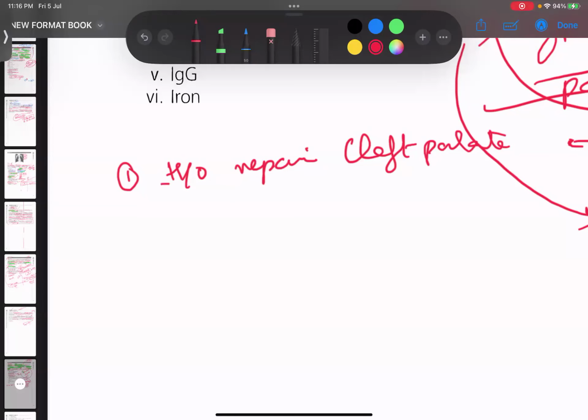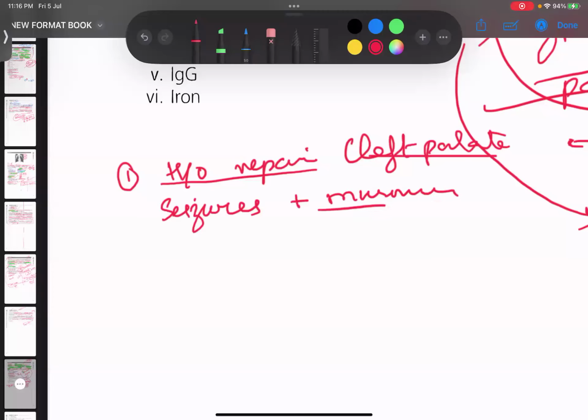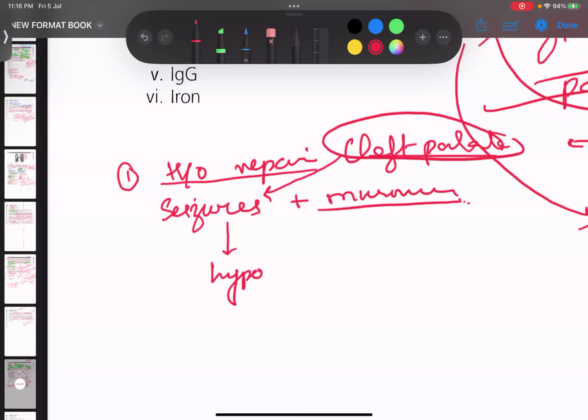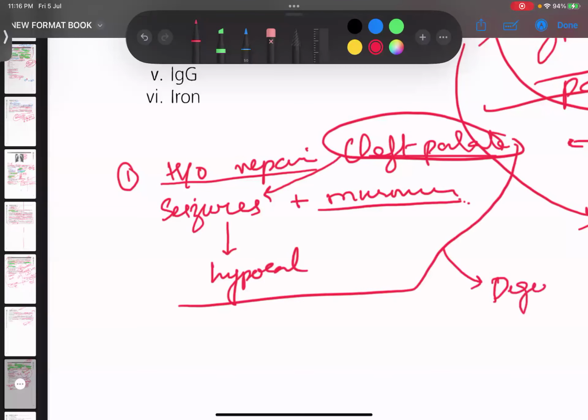So something like history of repair of cleft palate. Now the child is coming to you with seizures plus a murmur. Even if they did not give the murmur, history of repair of cleft palate along with seizure due to hypocalcemia should allow you to think about a case of DiGeorge syndrome.